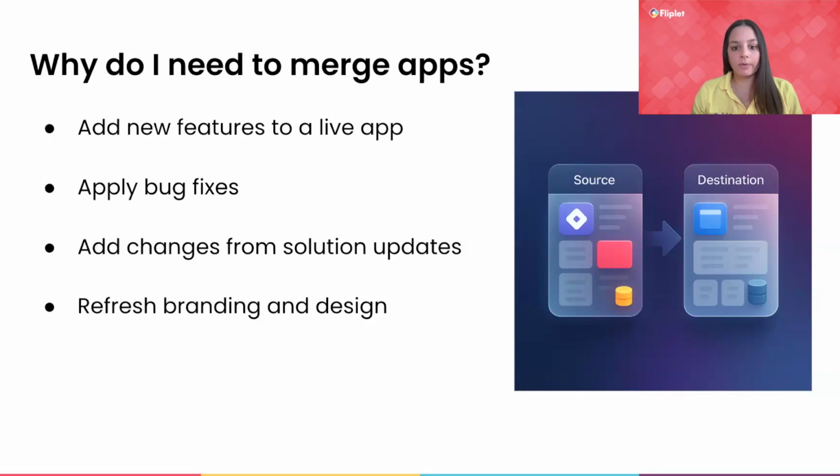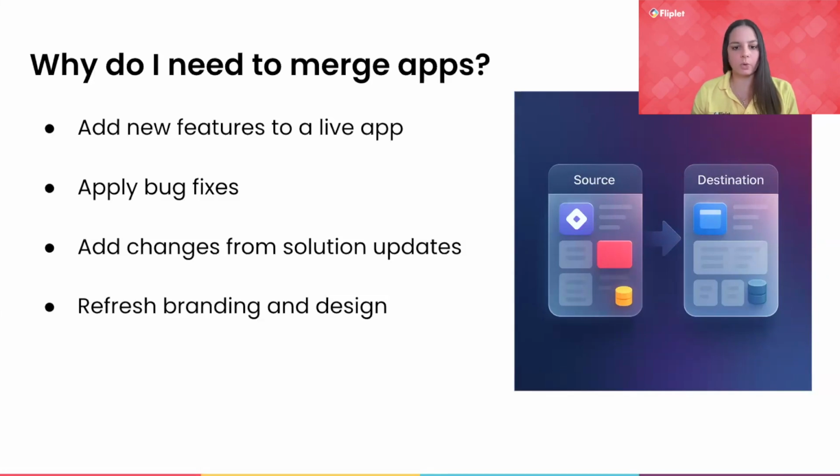It's also great for bug fixes. You spot a little issue within your app, you can troubleshoot that in a copy of the app and push it right into your production app once it's been verified and tested in just a few minutes.